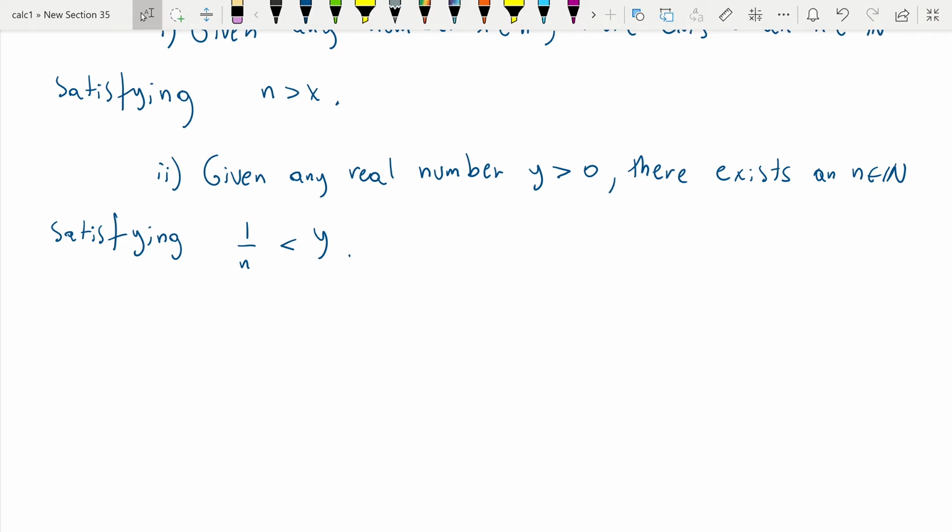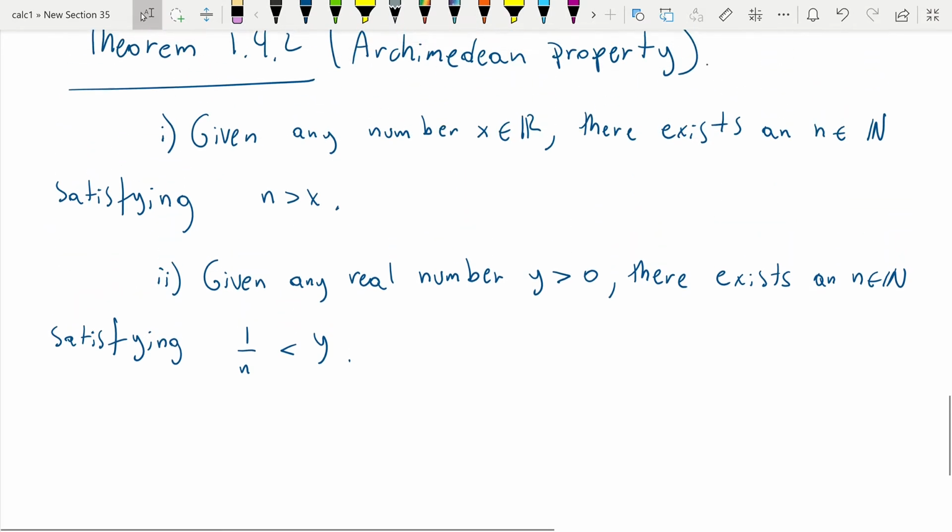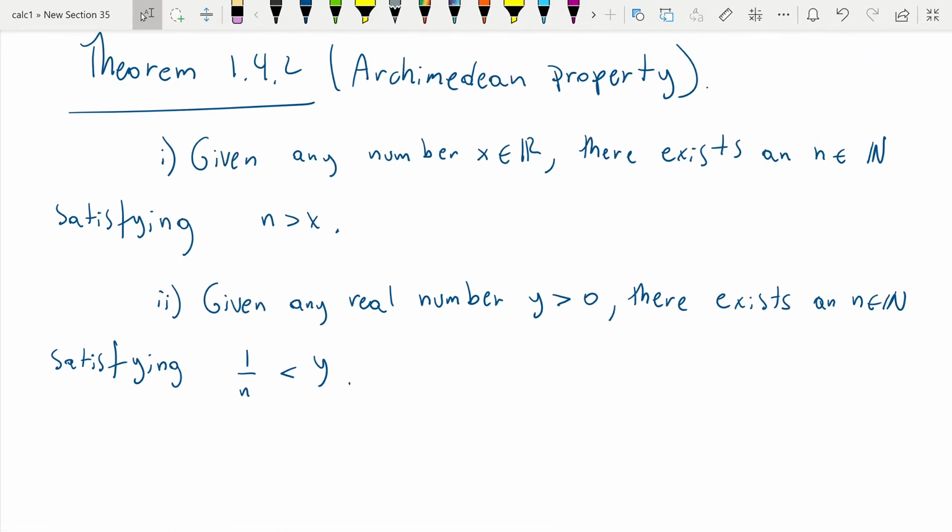Okay, so let's stop for a minute to talk about these two things. You may recall from the last work session that we had, in fact, this was derived as a consequence of a more general version of the Archimedean property. So in fact, they're equivalent to each other, as we'll see.